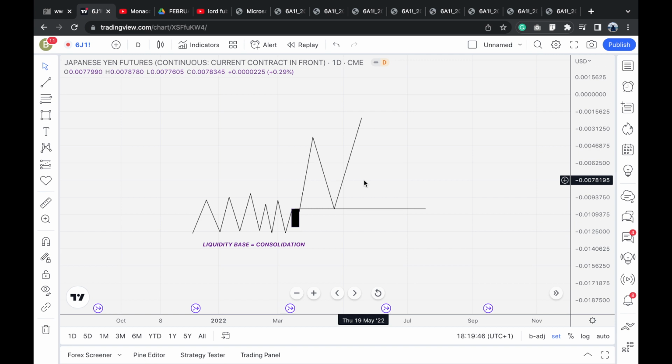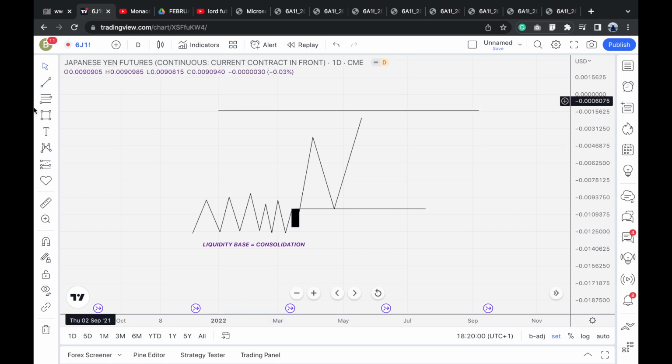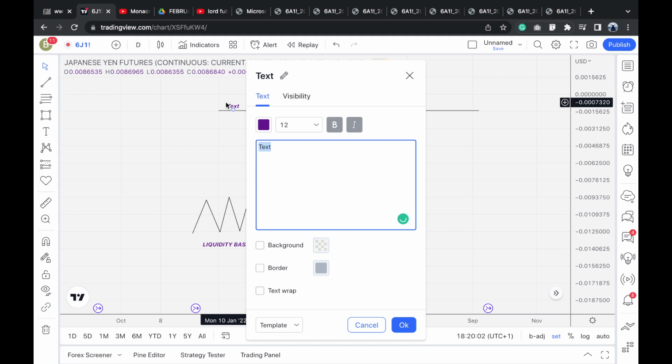Now, the reason is because the algo is what drives the market higher. Why is the algo driving the market higher? Because the algo is seeking a point of counterparty liquidity. Now, let us define what counterparty liquidity is conceptually.